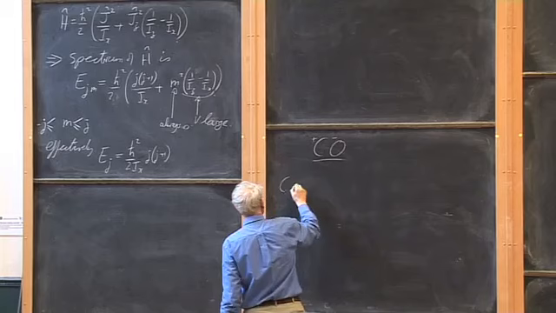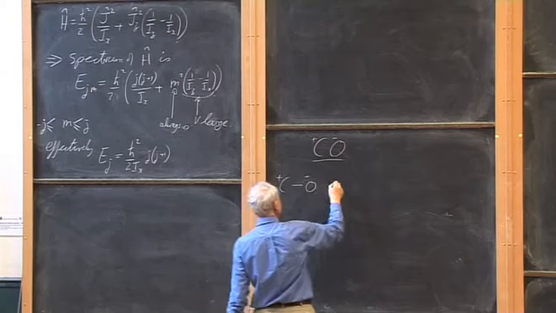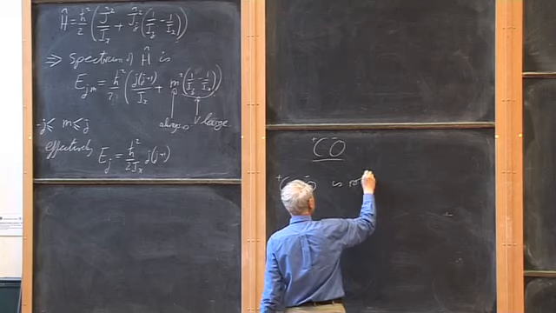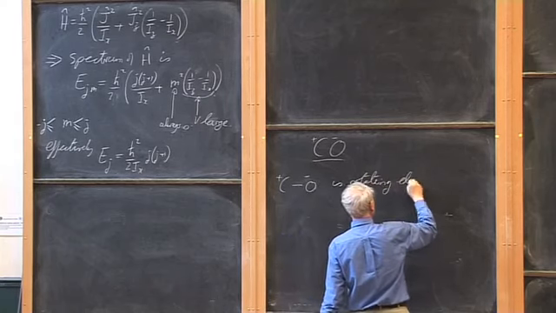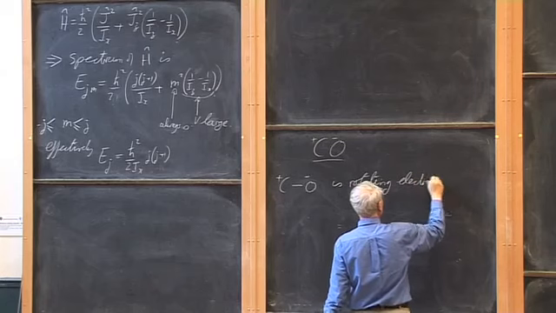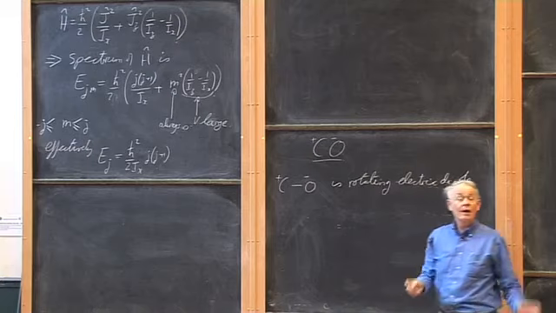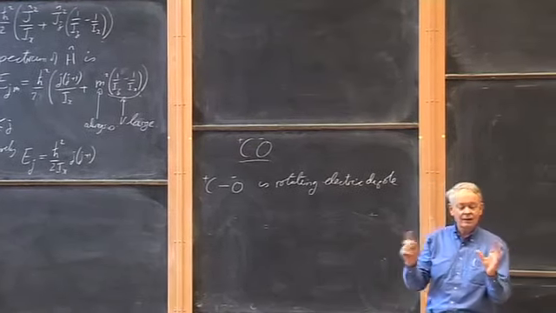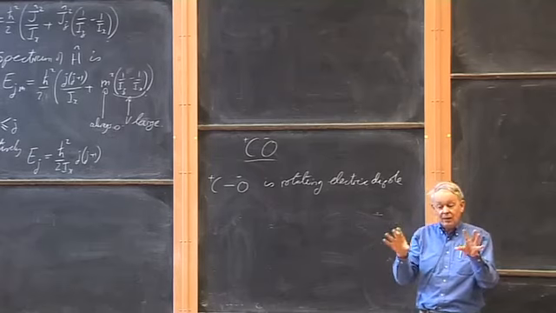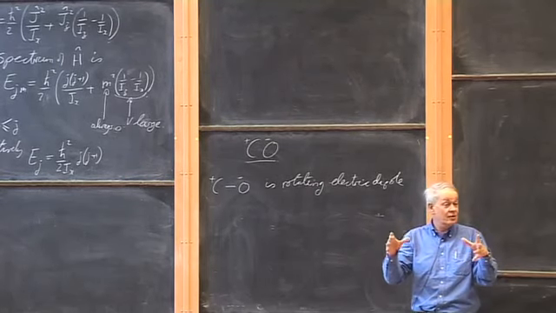So CO, this is plus, this is minus, will be a rotating electric dipole. The same will not be true of a hydrogen molecule, because obviously the two hydrogen atoms will have equal affinity for electrons, and so neither will be charged, or an oxygen molecule or a nitrogen molecule.